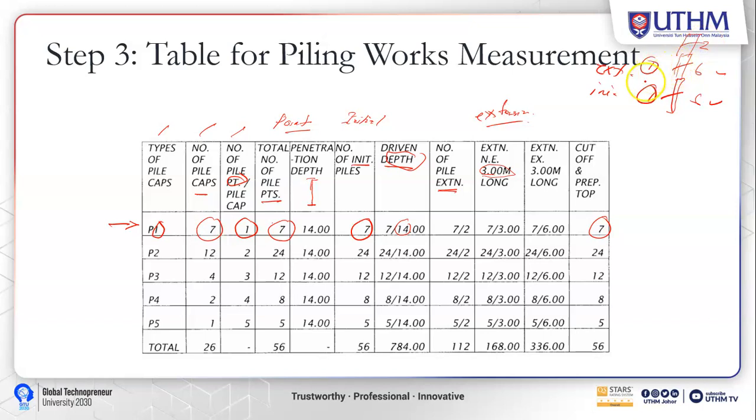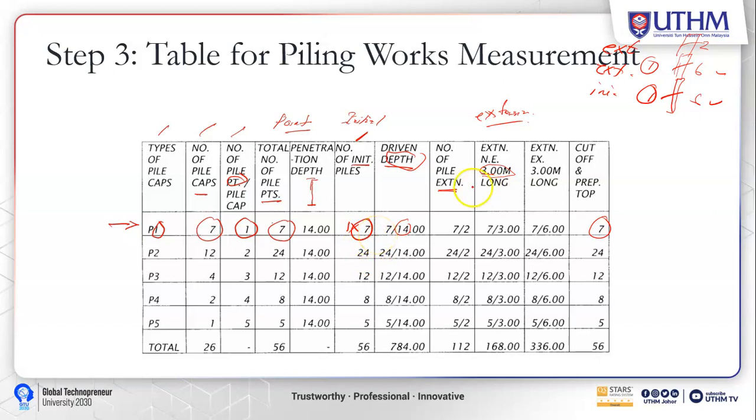So the additional pile we also name as the extension pile. For this column class, the number of initial pile is 1, so 1 times 7, we get 7.